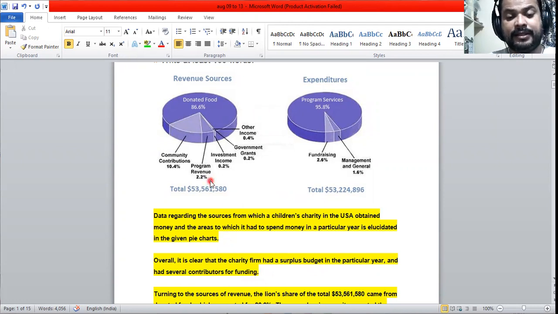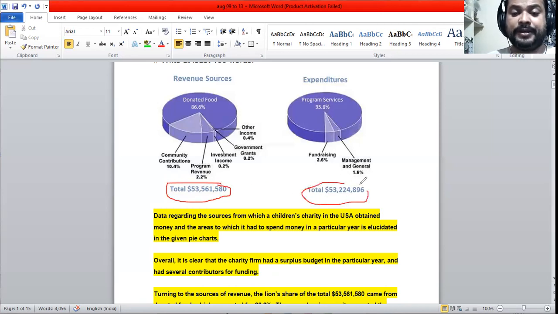Surplus budget is when the income is over the expenditure.